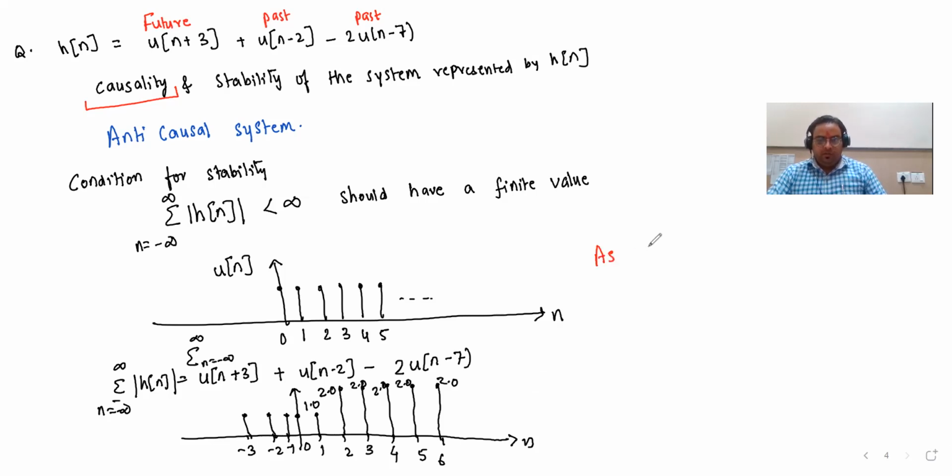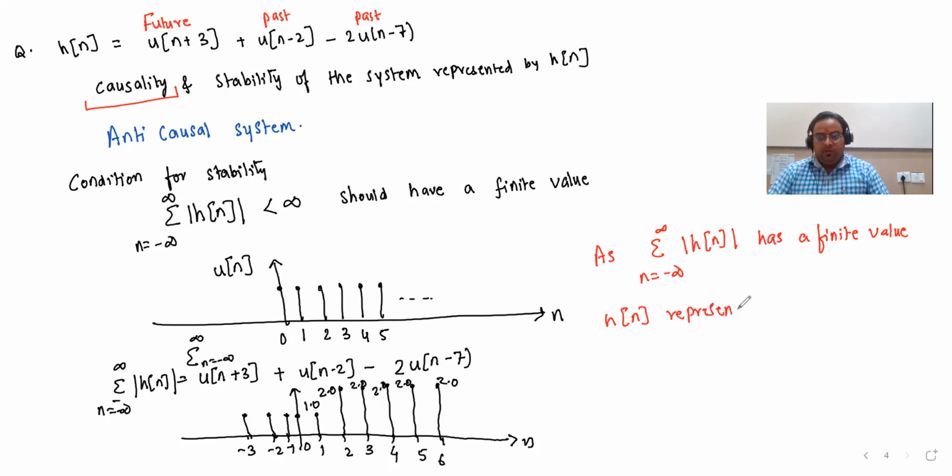The summation that is coming out has a finite value, and therefore the summation over h of n has a finite value. Hence h of n represents a stable system.